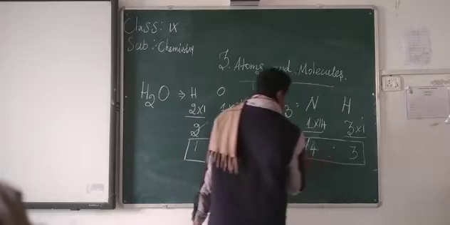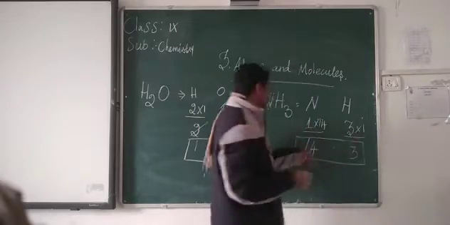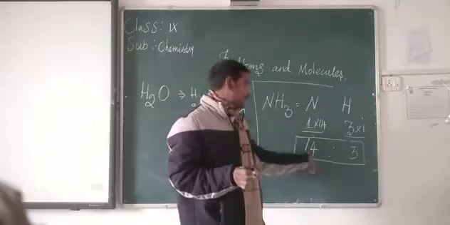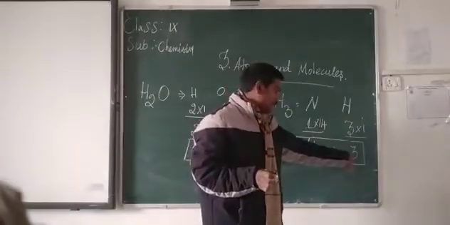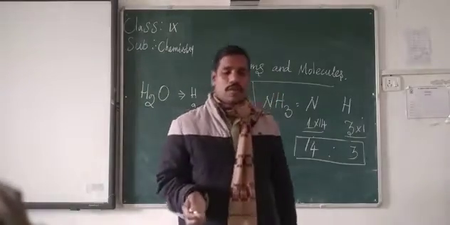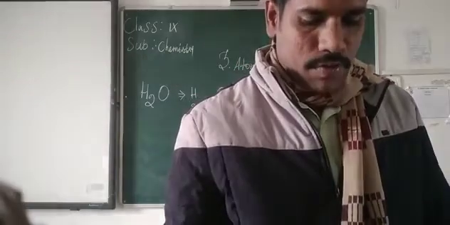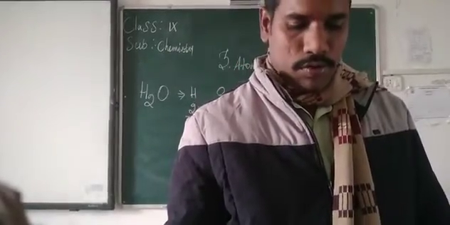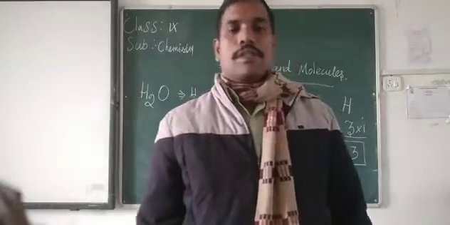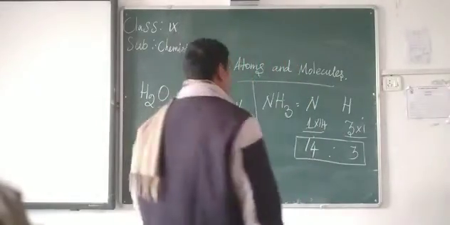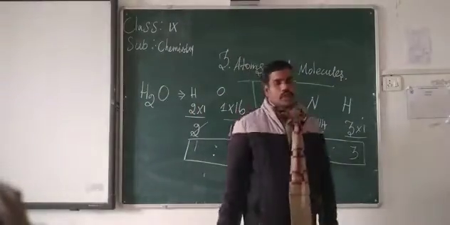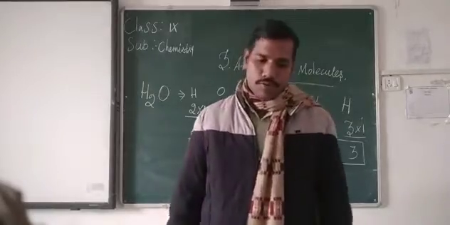So in the ammonia molecule, if nitrogen is 14%, then hydrogen will be 3%. In this ratio only they will combine and form the molecule. Always they have a fixed ratio to combine to form a compound.